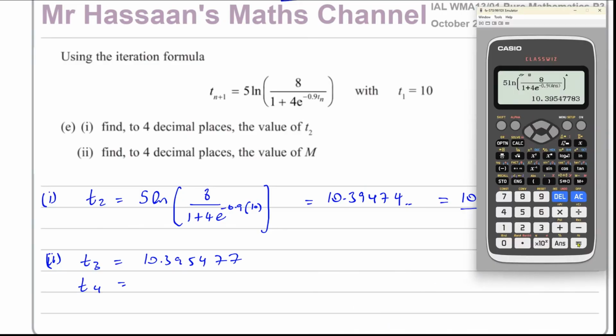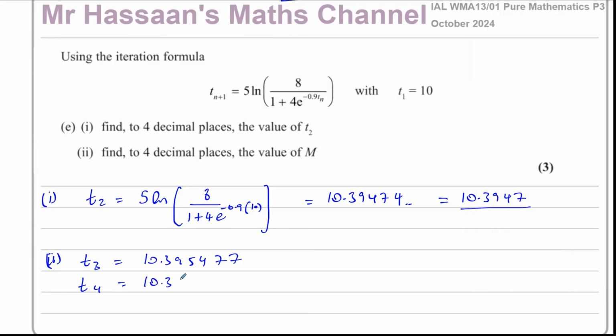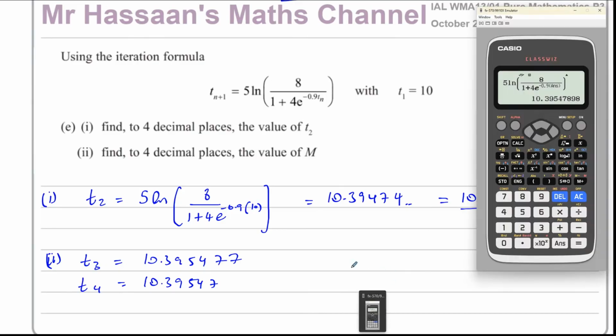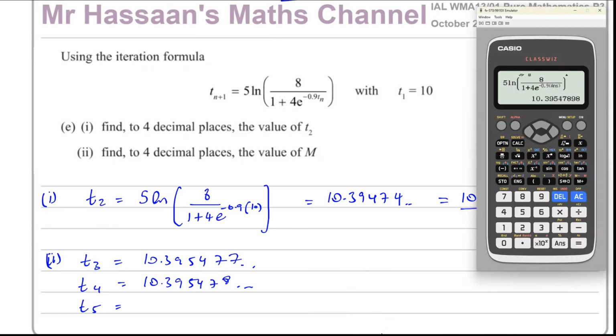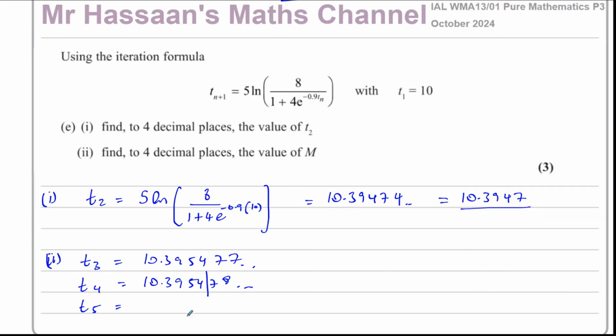So this will settle down hopefully to something which we get to quickly. 10.39547. It looks like it's settled down already. That continues like this. I'll do another time, and hopefully you've got the first 4 decimal places. At the moment, they seem to be settling down to a particular value. Press equals again. It's settled down now, basically. We can just stop there.